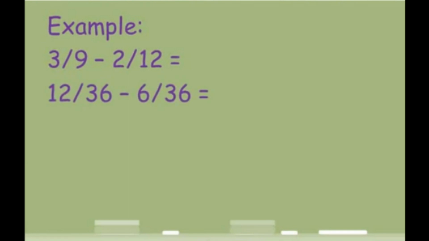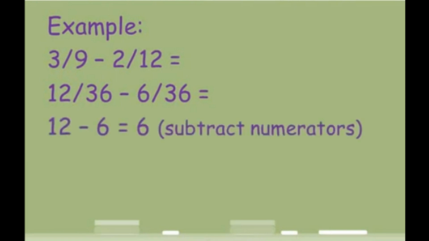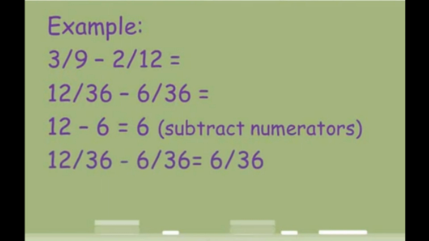Because we changed the 9 into 36, we will have to do the same thing to the numerator. We changed the 12 into 36, and we're going to have to change that numerator as well. So our new fraction is 12/36 minus 6/36. Now, since we have common denominators, we're going to subtract our numerators. 12 minus 6 is 6.